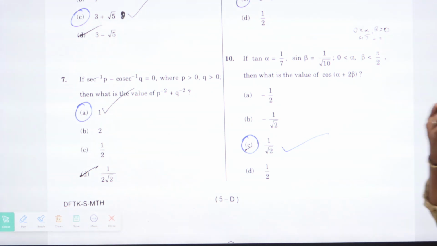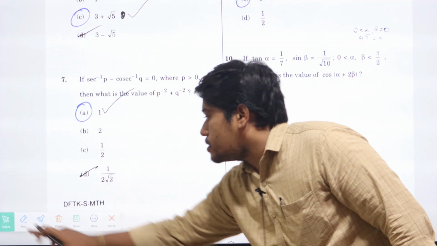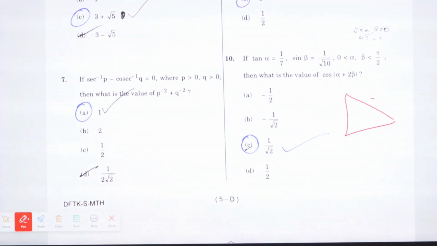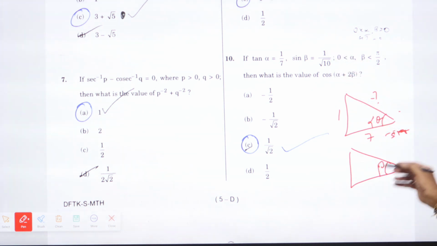So this uses some basic trigonometric identities with a right angle triangle. First we apply the values. So tan alpha is 1 divided by 7, so the opposite side value is 1 and the adjacent side value is 7. So find the hypotenuse. Similarly, in one more right angle triangle, the angle is beta.